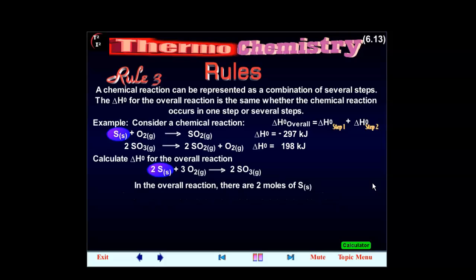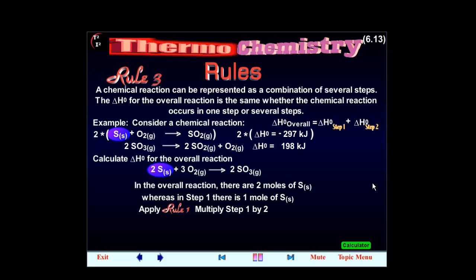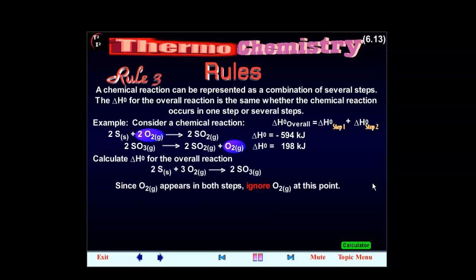In the overall reaction, there are 2 moles of sulfur, whereas in step 1, there is 1 mole of sulfur. Apply Rule 1. Multiply step 1 by 2. Since oxygen appears in both steps, ignore oxygen at this point.